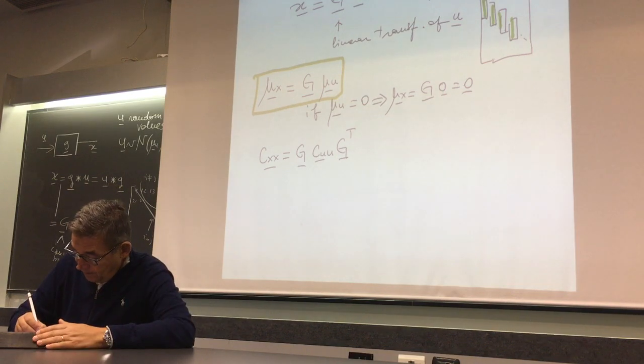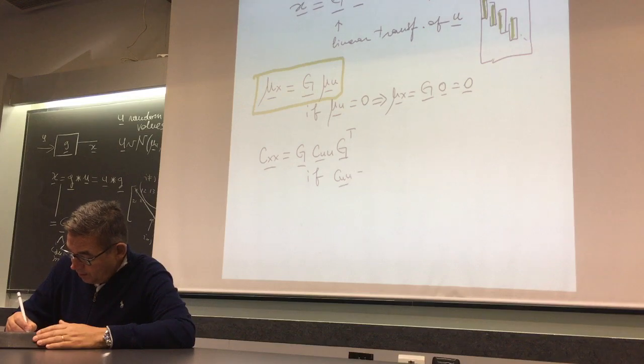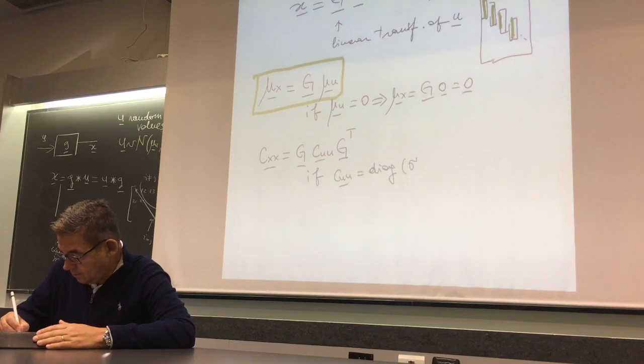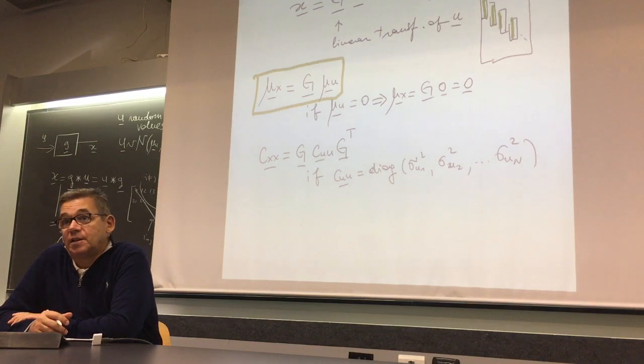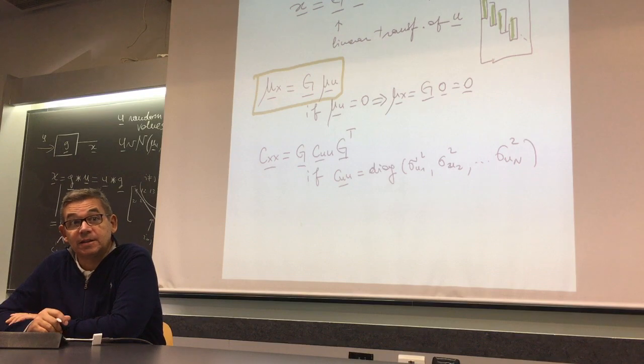So if CUU is equal to diagonal, okay, if it is diagonal, the random variables are statistically independent.